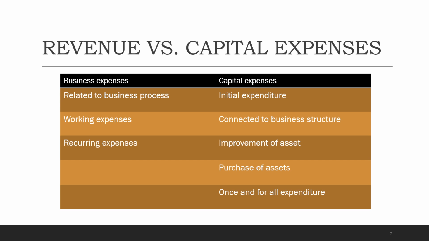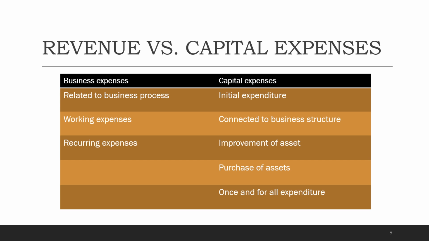So same in business or in company taxation. For example, you want to have a license, so the first time you pay the license, probably it is not allowable because it's initial expenditure. However, when you renew the license, the cost is allowable as it becomes business expenses, which is considered as revenue in nature.